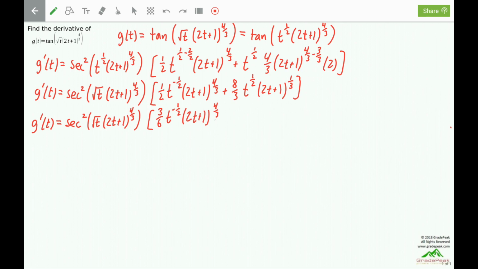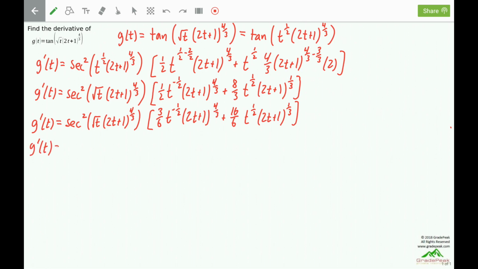And then the second fraction, 8 over 3, I'm going to multiply by 2 over 2 to give us 16 over 6. And t to the 1/2, 2t plus 1 to the 1/3. The reason we did that is we can now factor out the 1/6. We're not going to be able to factor out the 3 and the 16. They don't have a common divisor, but the 1/6 can factor.